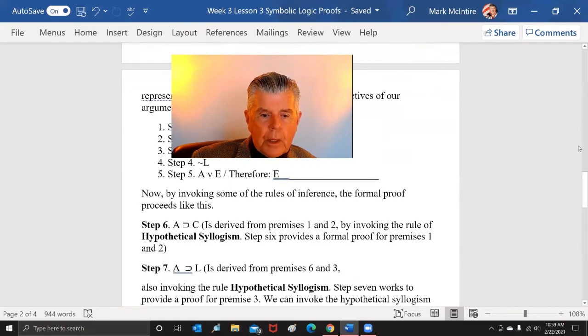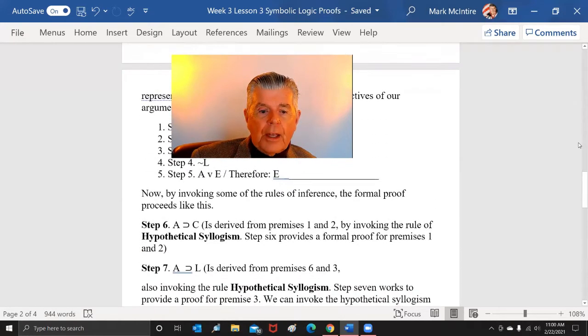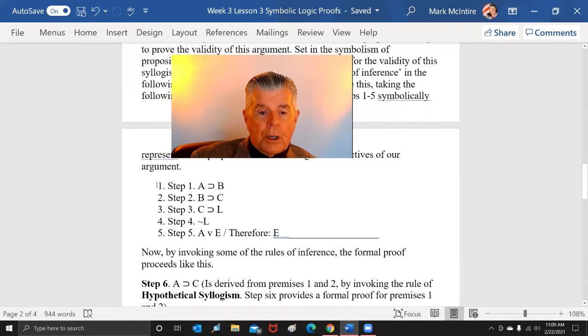Well, here's what we do in a formal proof. After we have translated the ordinary language into the symbolism that you see right there, then we go to step 6. We write out step 6. Let's take a look at premise number 1 and premise number 2. That looks familiar. That looks just like what?